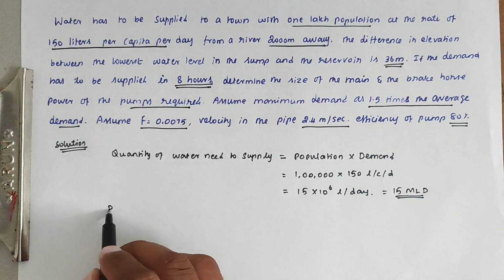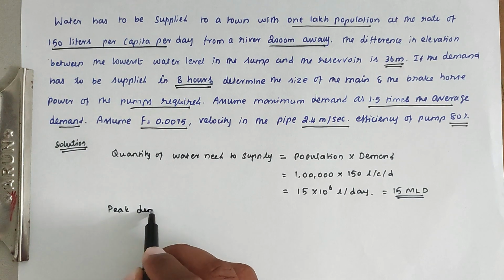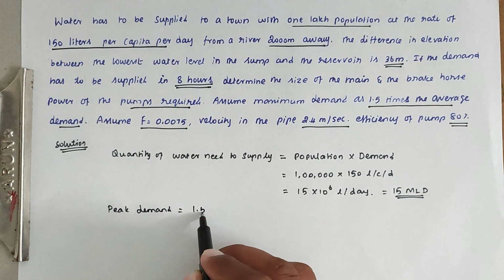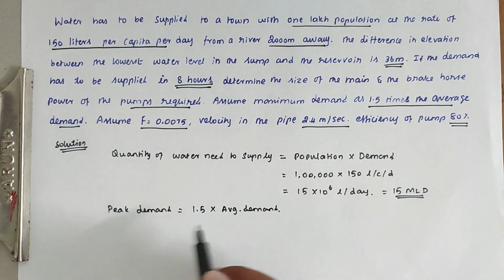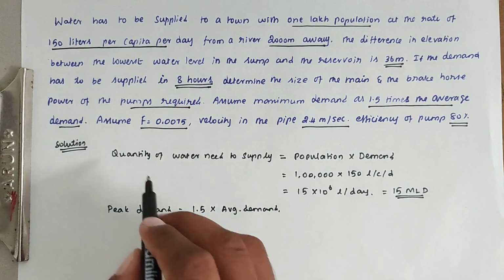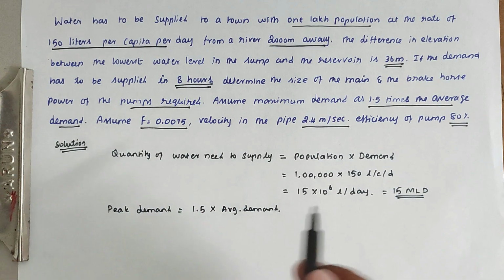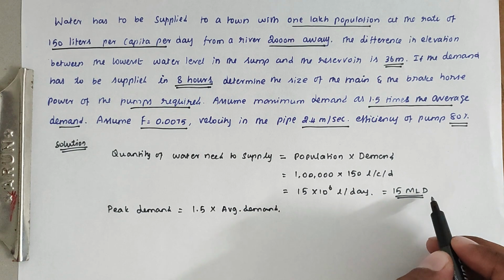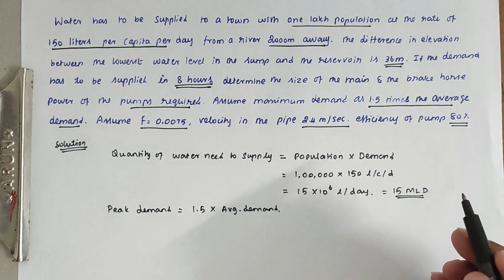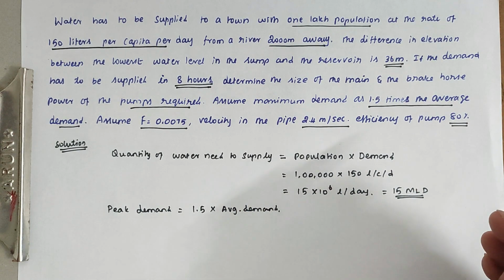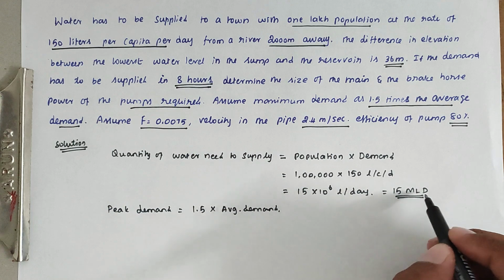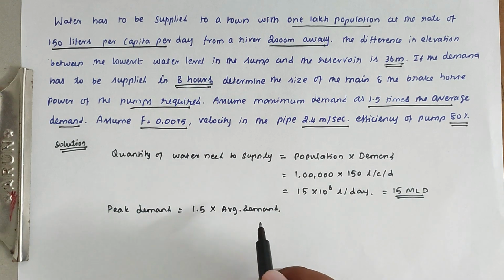Now the peak demand is 1.5 times the average demand. For example, the average is 15 million liters per day, but on some days we have extra consumption, like Sunday, when water consumption is more compared to Wednesday.